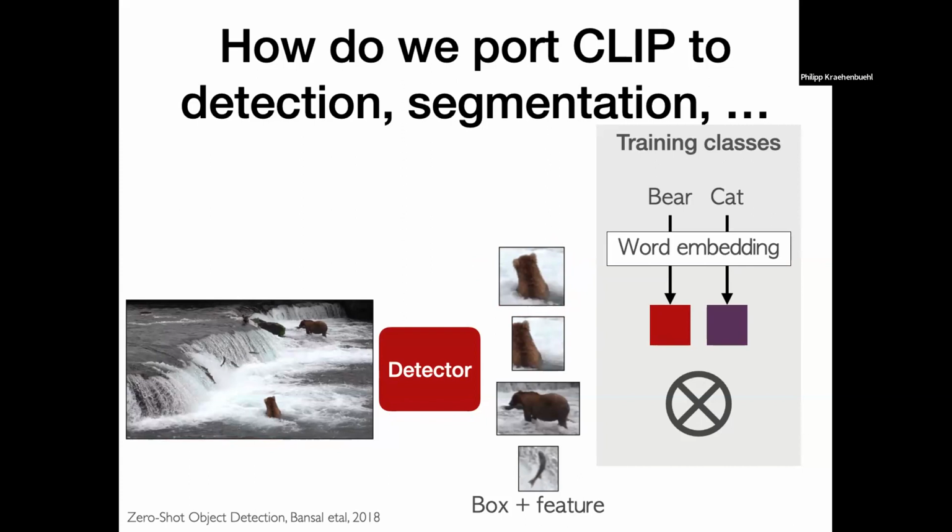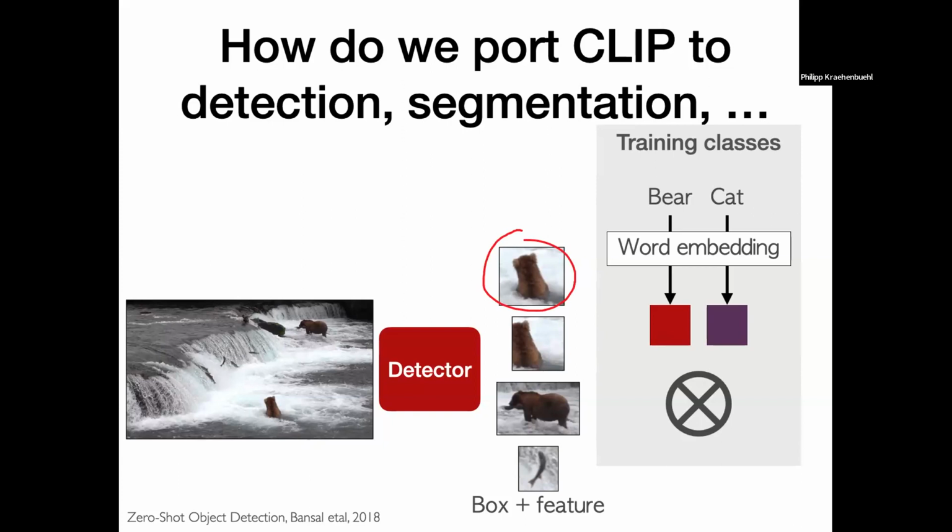Instead of using a fixed size learned feature vector for, let's say, bear or cat, you embed this bear or cat description with a language model, and you use the dot product between the output of the language model and the feature of your box. That's the score of your detection.